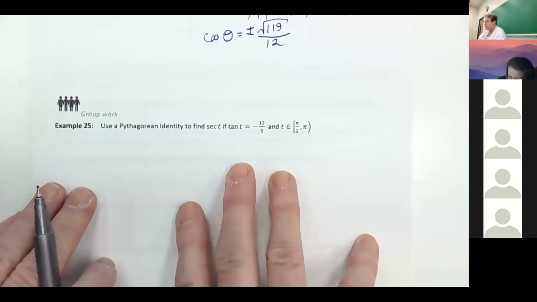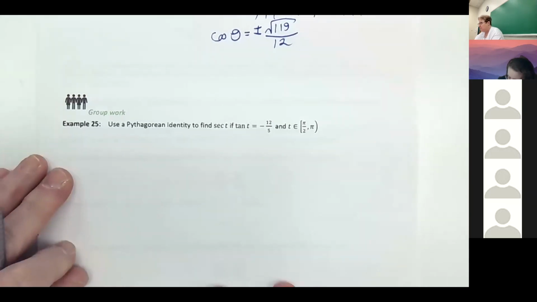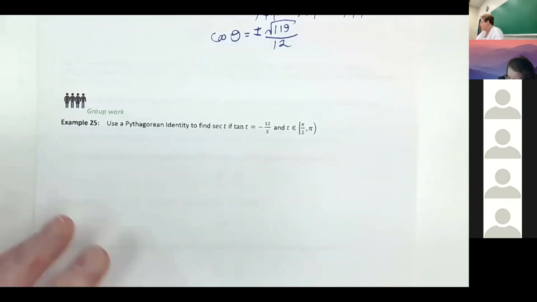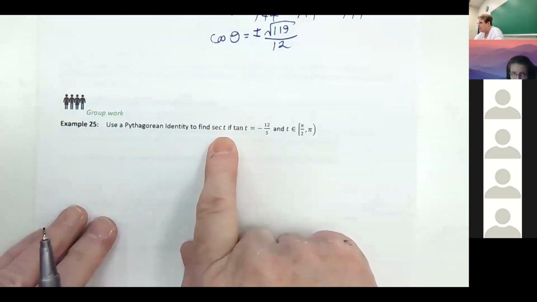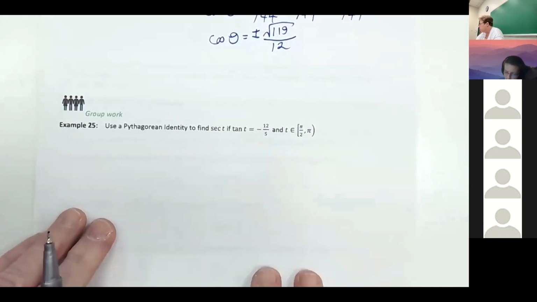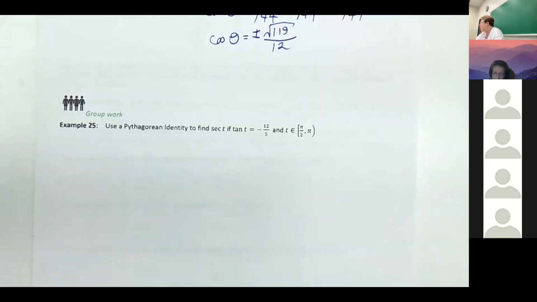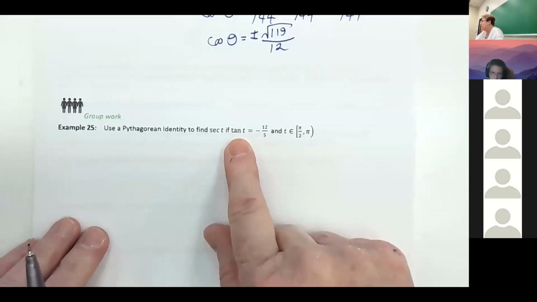I want y'all to do this one for me, but tell me what to do. So what do I need to write down in order to find secant t if I know tangent t? Secant is the reciprocal of tangent. Cotangent is the reciprocal of tangent.